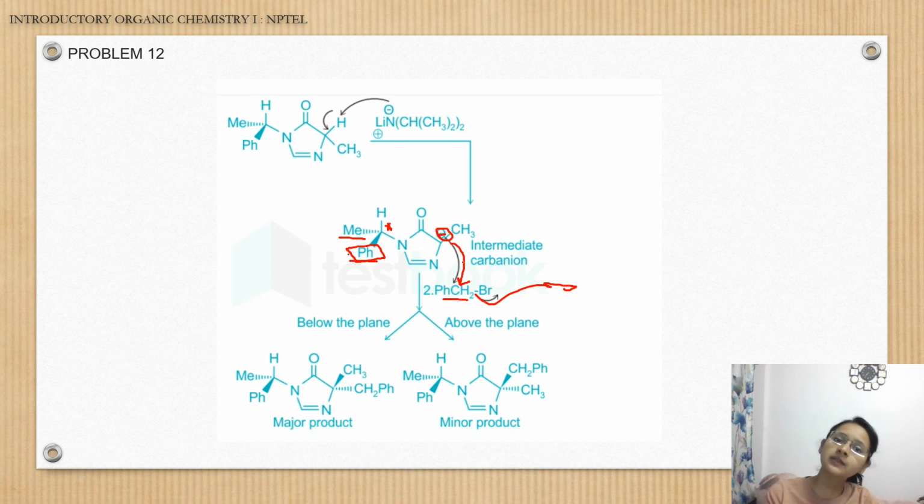That is why it will come from that position which is less sterically crowded. Is it clear now? So that is why the major product has the nucleophile below the plane, and the minor is above the plane because phenyl is already there, that is bulky. The nucleophile wants to attack the electrophile from the less sterically hindered site. Right? Clear or not?